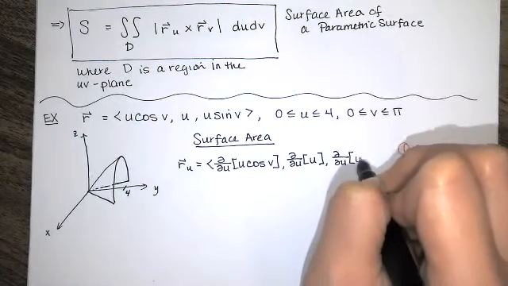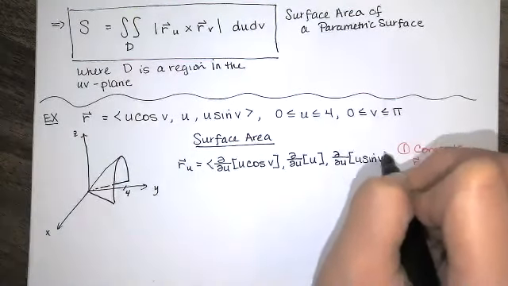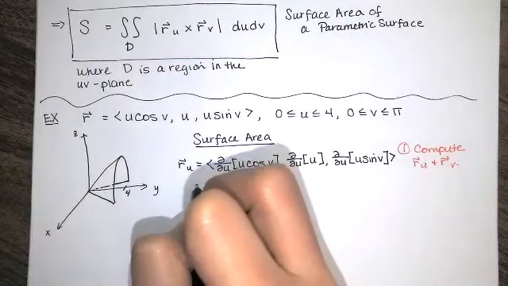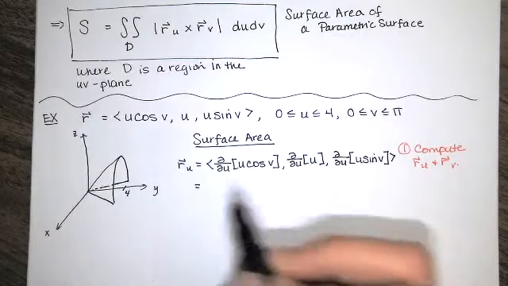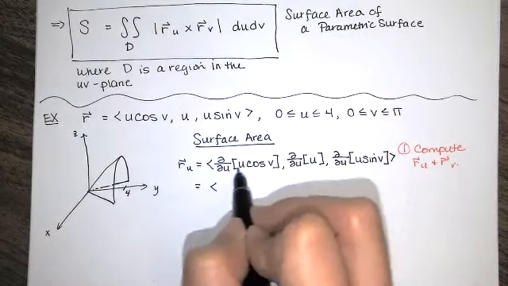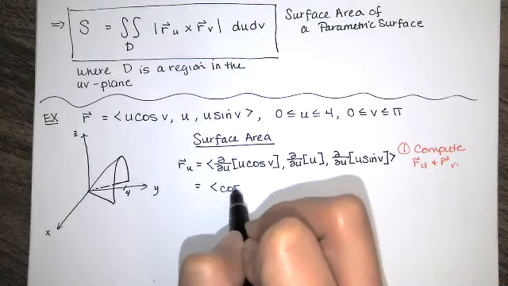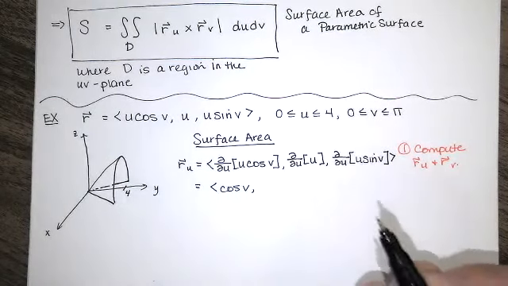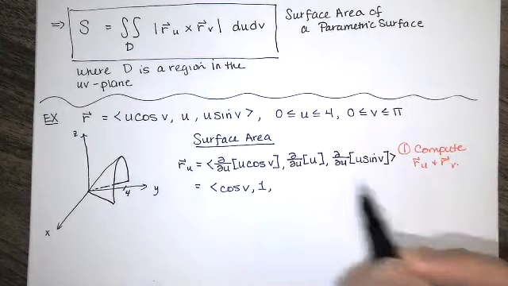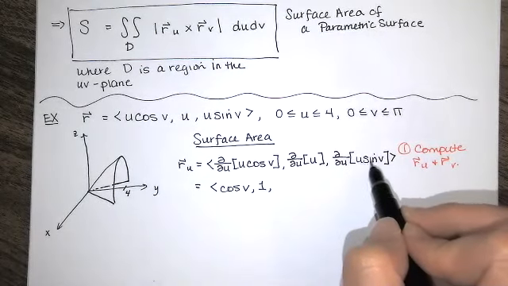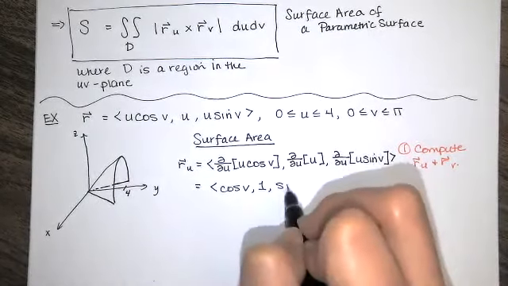It's really not too bad. That's a constant times u. The derivative of a constant times u is just my constant. The derivative of u with respect to itself is 1. The derivative of a constant times u again is just the constant.